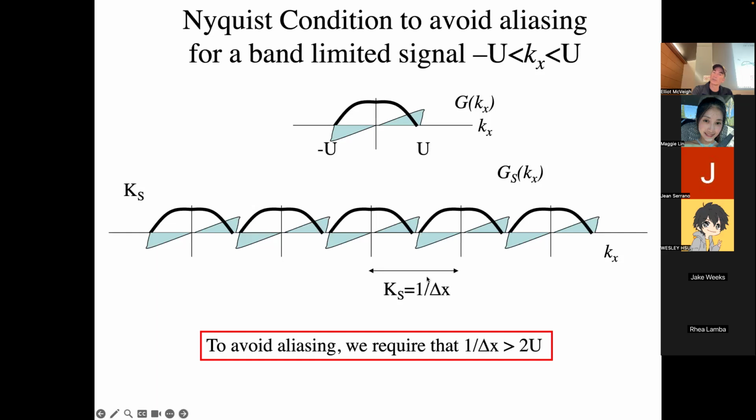And so that tells me how far apart those samples should be. So this KS should be greater than 2U, to keep these things apart. And that's for a function that is band limited. That's the Nyquist criteria.